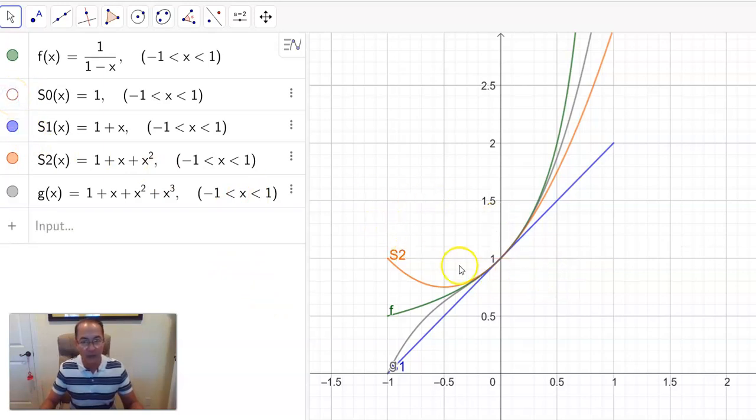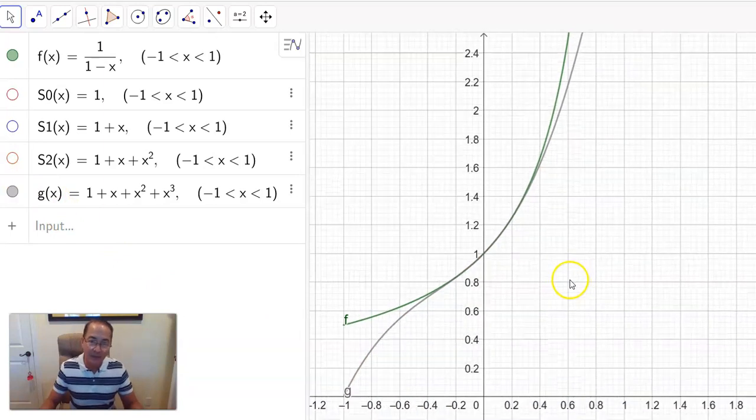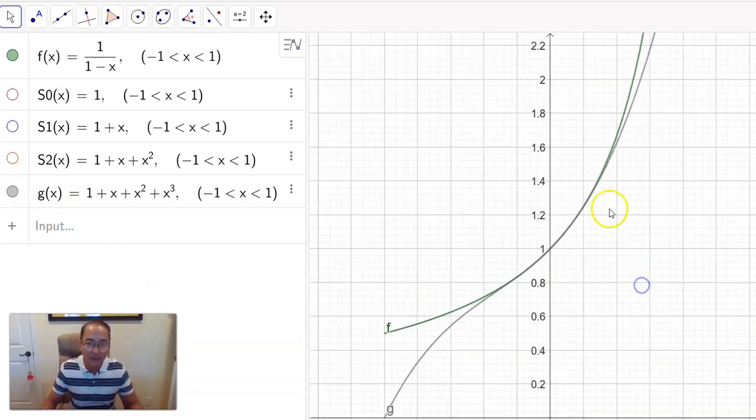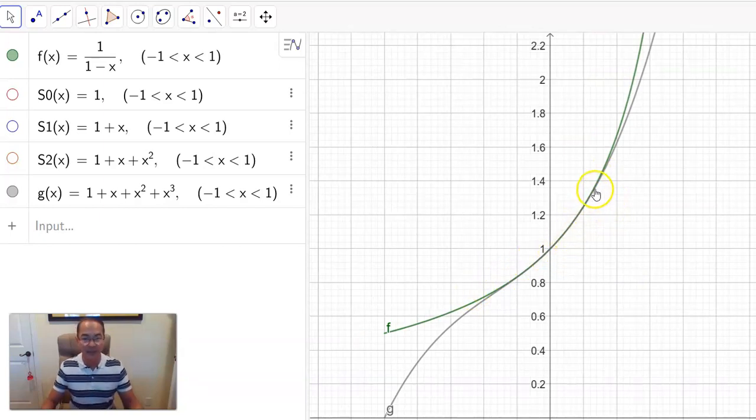That was the horizontal line, and now this is the inclined line. If you just focus on our latest partial sum, see how very close those two graphs are, if you're maybe between negative 0.2 and positive 0.2.